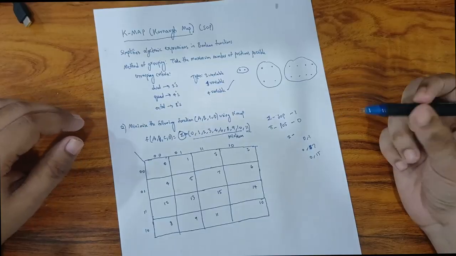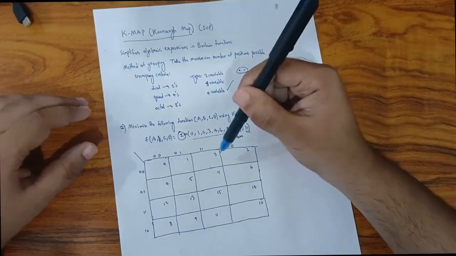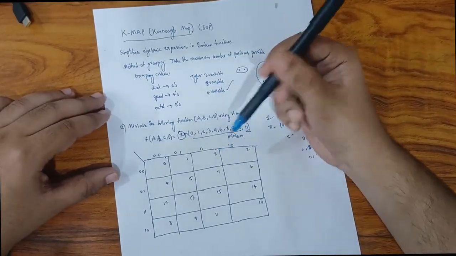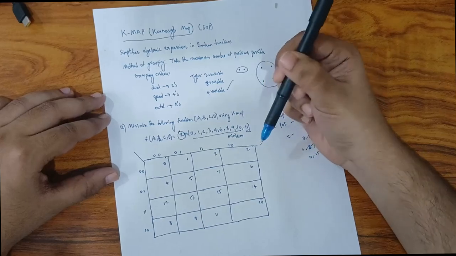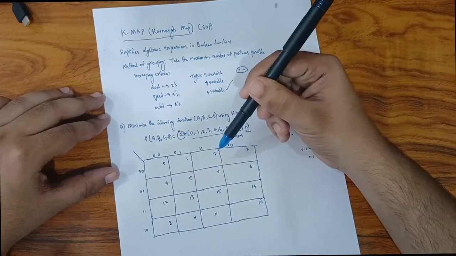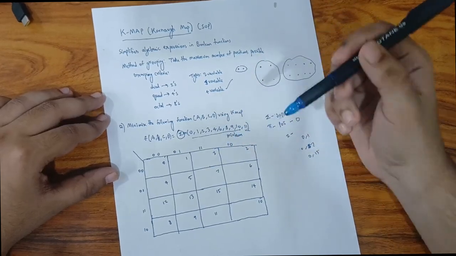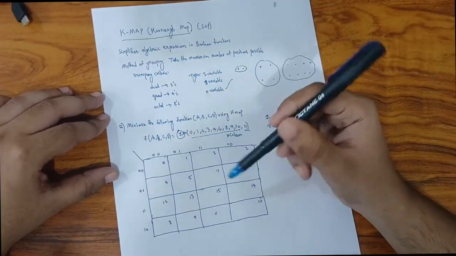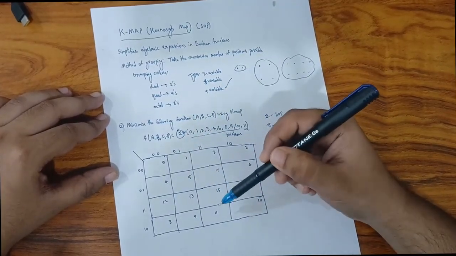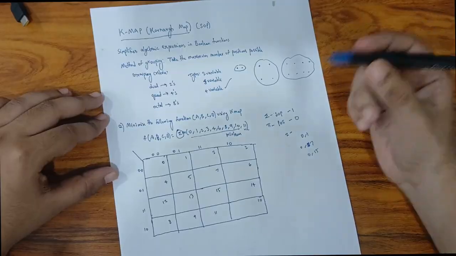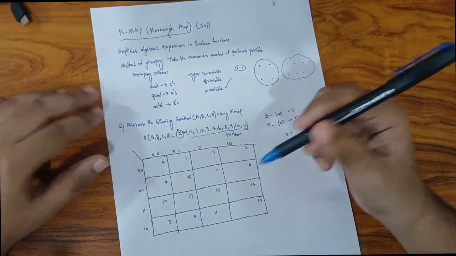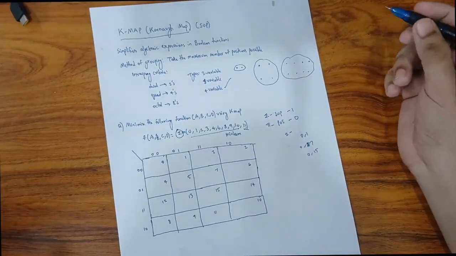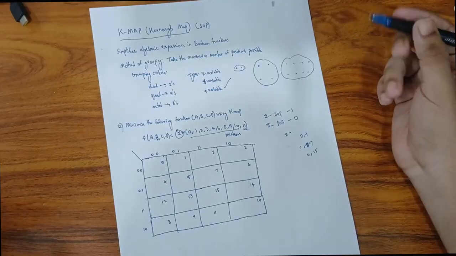I think you observed some kind of trend. In the second row we swap the positions, like the last term comes first, so you can see some swapping. And in the 4th row you can see that we swap these things out. So this is exactly how we write a kmap. This is our positioning for a 4 variable kmap.